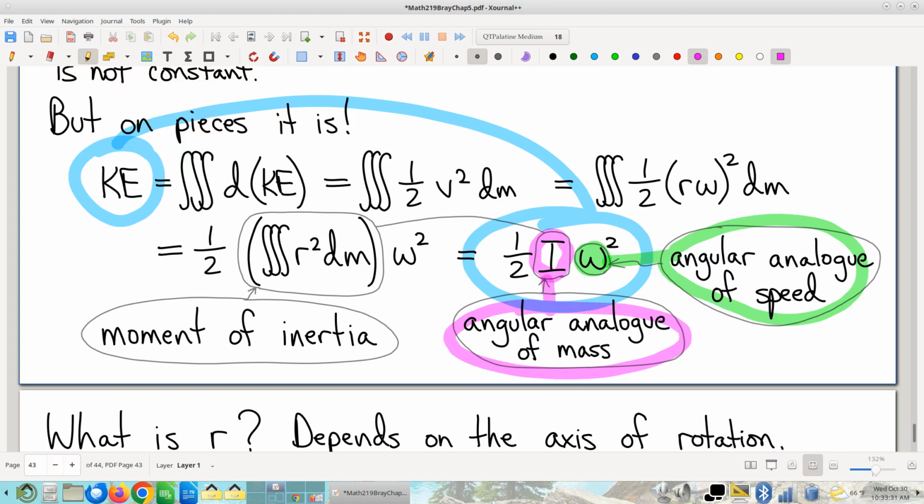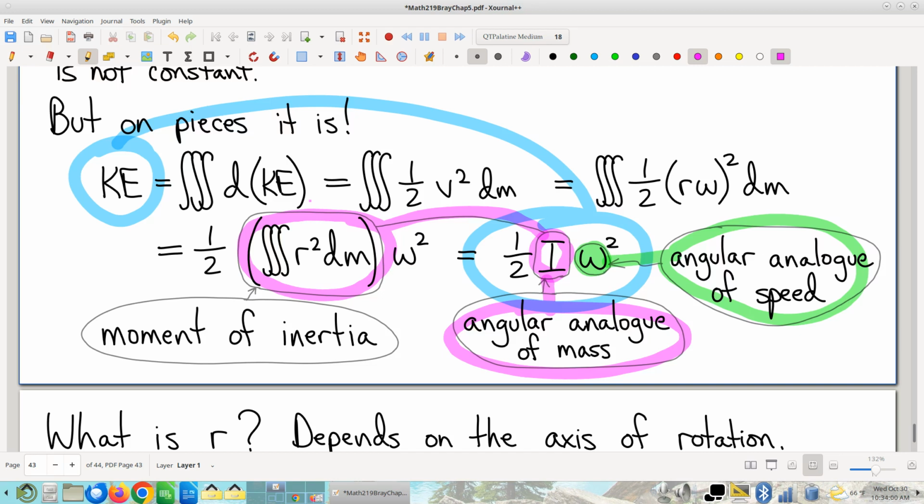I think that's a really natural and nice way to think about this. So that thing, the thing that's I in that position, and notice that's just a placeholder for this expression right here, is an object very naturally of interest when you're talking about rotating things and kinetic energy, and you want to use a very natural looking formula like this. This thing plays the role of mass, kind of, but pretty naturally.